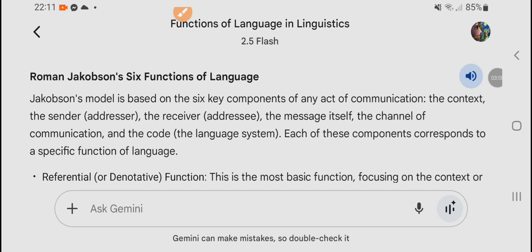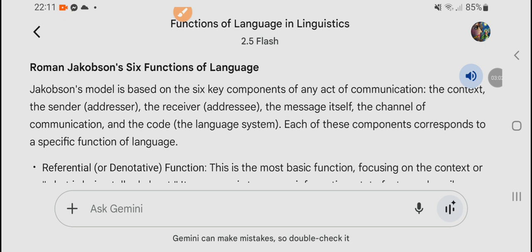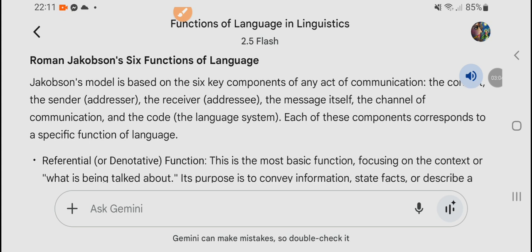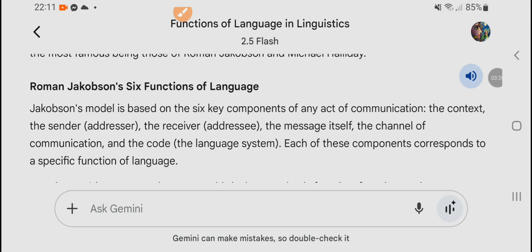Any act of communication has these. I am speaking, I am the addresser. And you are the addressee, because you are receiving what I am speaking.